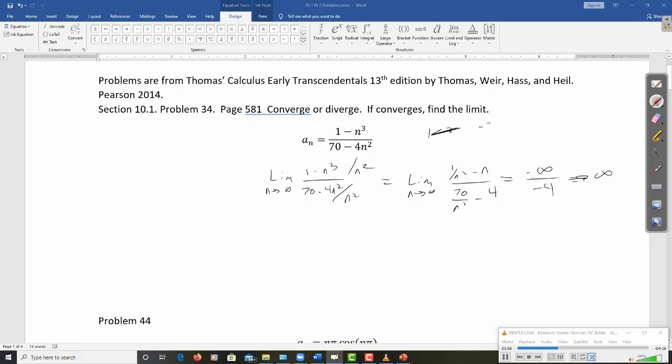Do 1 derivative, you get negative 3n squared over negative 8n. And at that point, that's 3/8 n. Limit as n goes to infinity of that is infinity. So there you go. It's pretty quick. This one diverges to infinity.